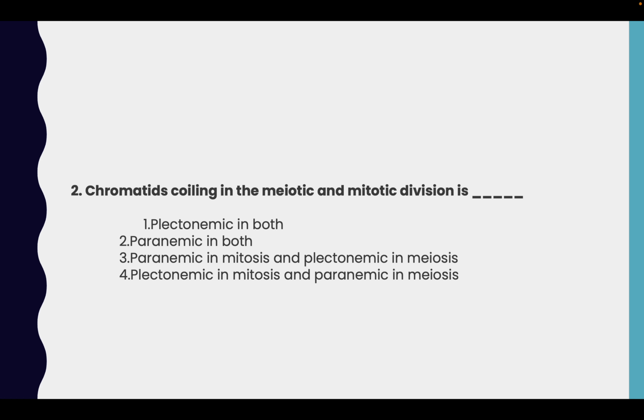Okay. Now, question number 2, chromatids coiling in the meiotic and mitotic division is what? Plectonemic, paranemic, or what it is? Chromatids coiling.